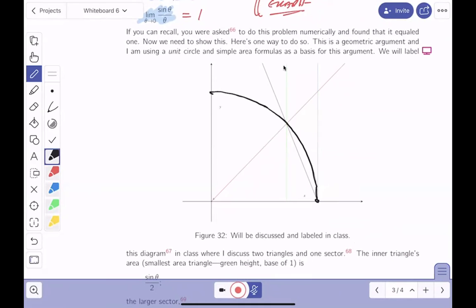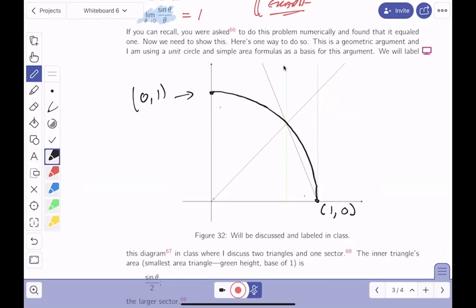If that's a unit circle, I'm going to claim this is the point 1, 0. What's this point over here? Well, if that's a unit circle, this is going to be 0, 1. That's not difficult. Again, the reason we provide these high quality images is so you can look at them. We want you to look at them.